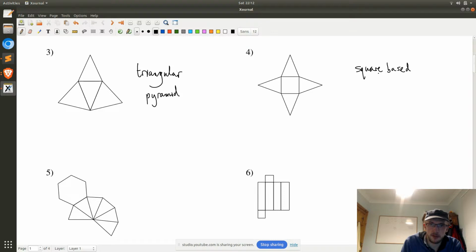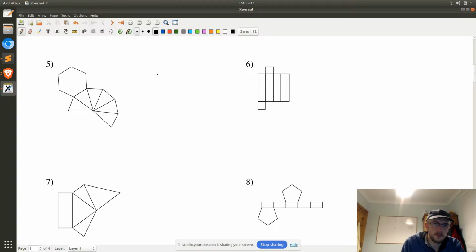Square-based pyramid. Hexagonal pyramid. Cuboid, although they will likely call it a square-based prism.